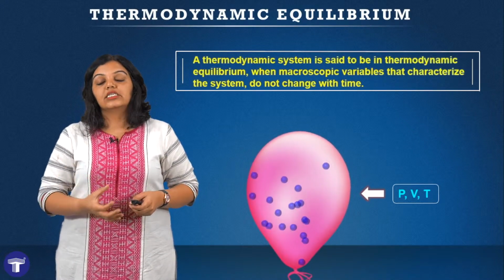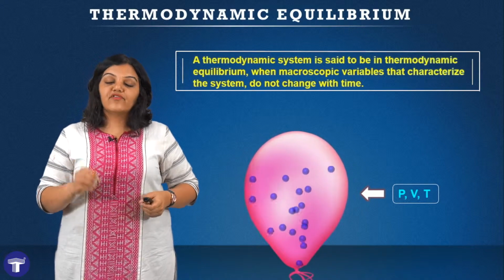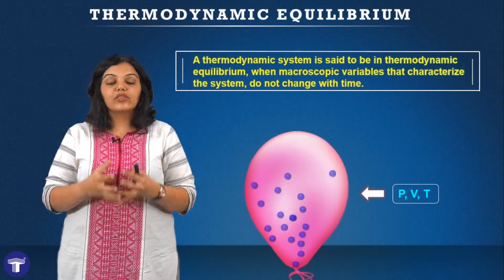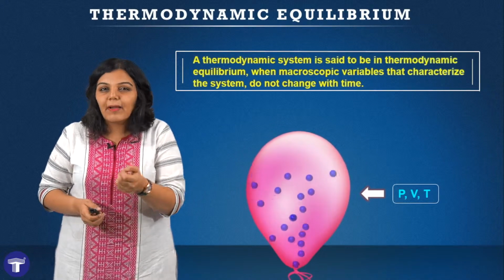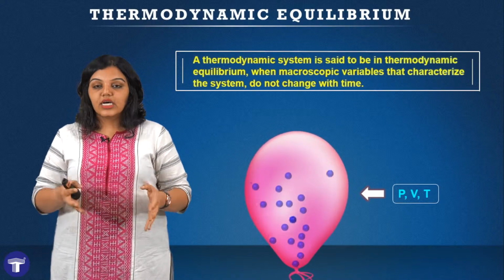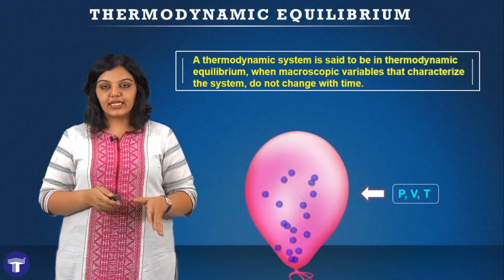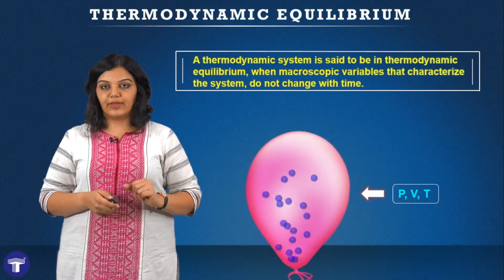So remember, thermodynamic equilibrium is defined by macroscopic variables. These are variables which depend on the bulk properties and not the microscopic properties. So if these variables don't change values in time, then the system is said to be in thermodynamic equilibrium.